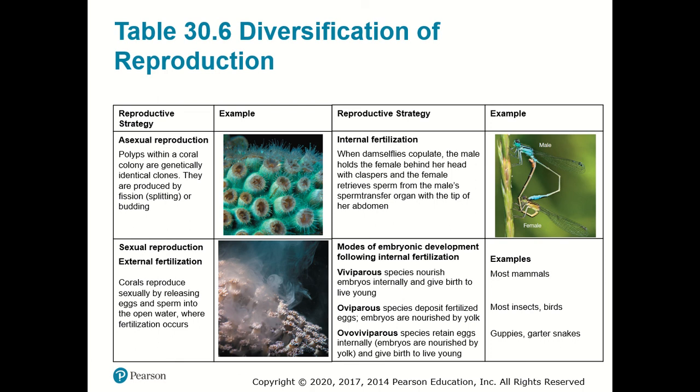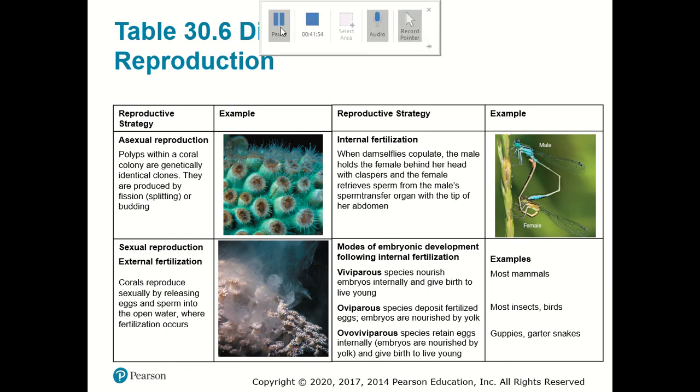Ovoviviparous is still within an egg, and the offspring is still nourished by the yolk, but then the egg is not deposited outside. The egg is kept within the body of the female until it's ready to be given birth to.